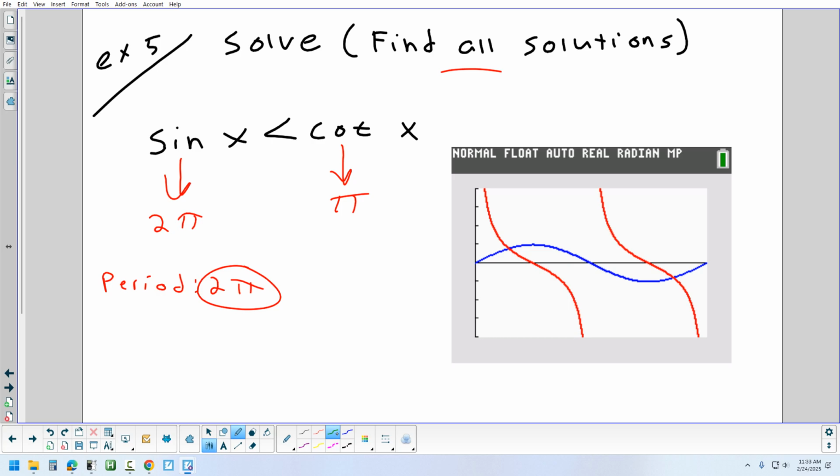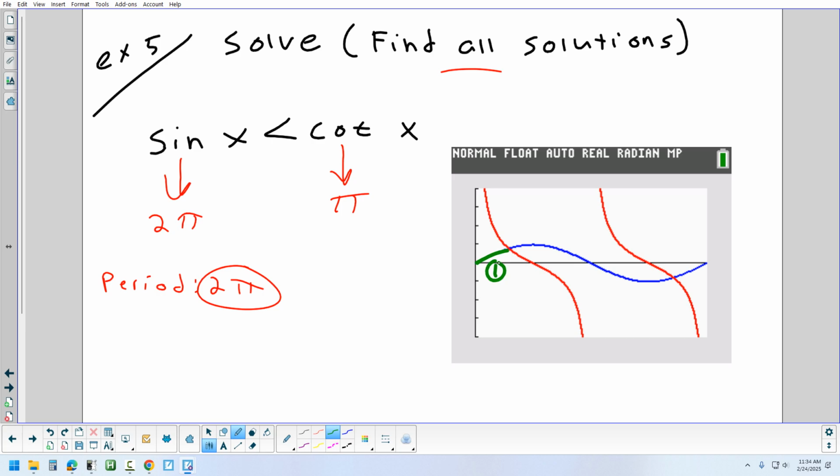2. You're going to have to describe this section from here to here. Call that section 1. And where else is the blue one under the red one? Let's think of it, we need to add something else to this picture. Tangent has something in it. It has a vertical asymptote.